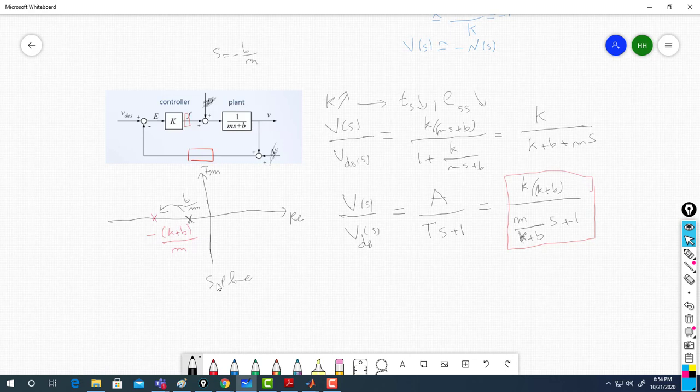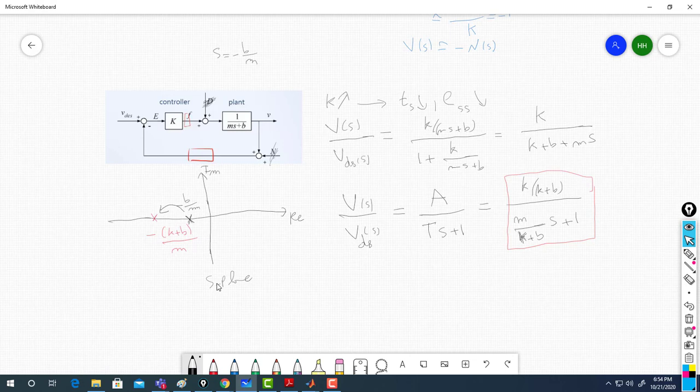So I changed the location of my pole from here to here due to adding this controller K. When I added this controller K and fed my system back, the overall system V over V desired has a new pole here. We know the effect of changing the pole location on the dynamics of the system.